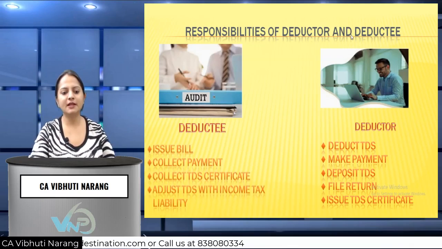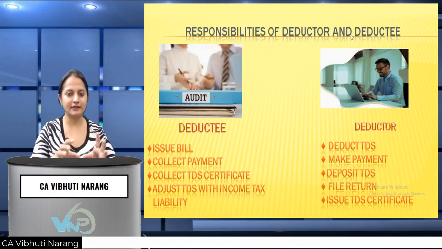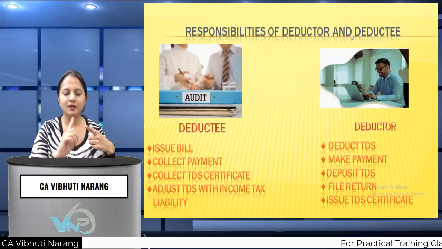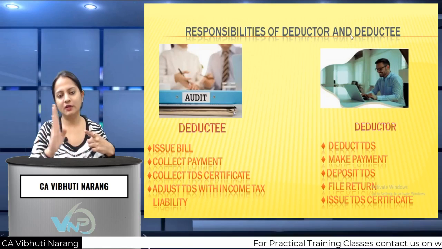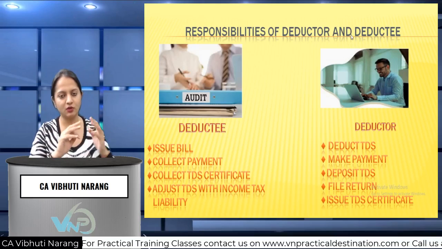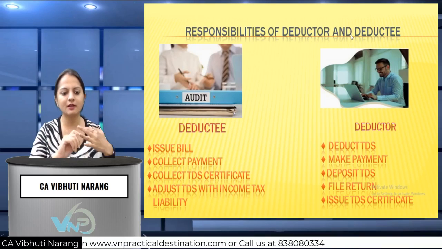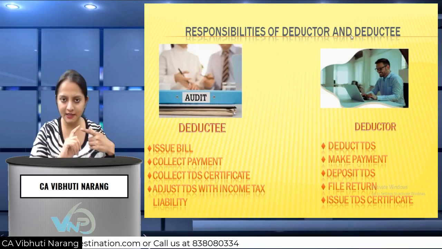If I talk about the responsibilities of the deductee, there are 4 responsibilities he has to look into. First, he has to timely issue the bill, because only after issuing the bill is the TDS to be deducted. Second, he has to collect payment; although after deducting TDS, he has to collect his payment. Third, he has to collect the TDS certificate.